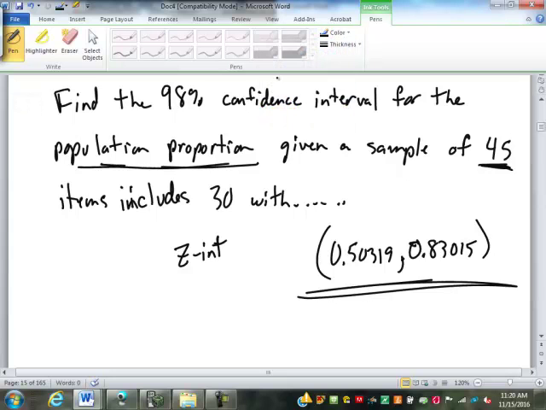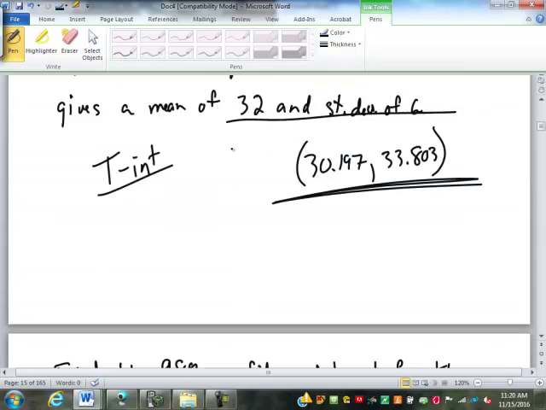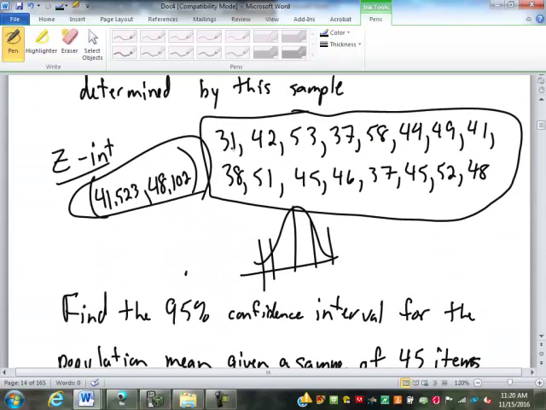If I wanted to know the margin of error for any of these, let's go back here and find the margin of error. The margin of error, I would just take those and I would subtract 48.102 minus 41.523 and divide it by 2.